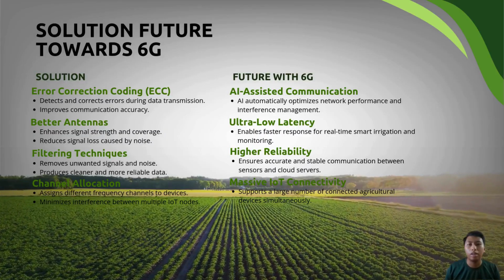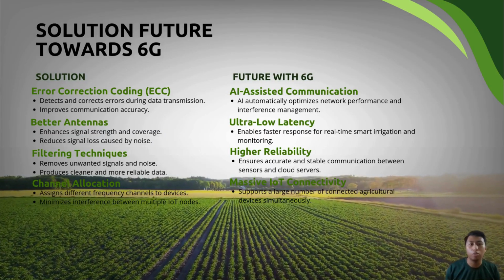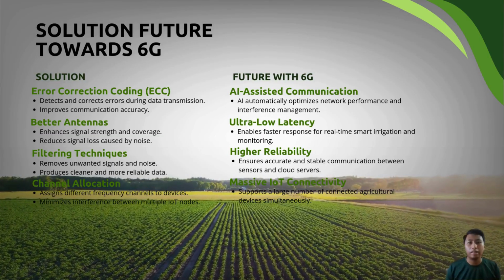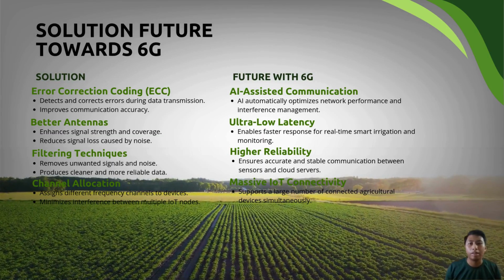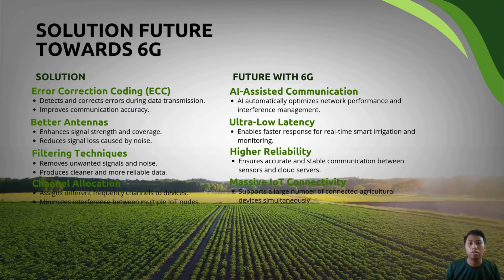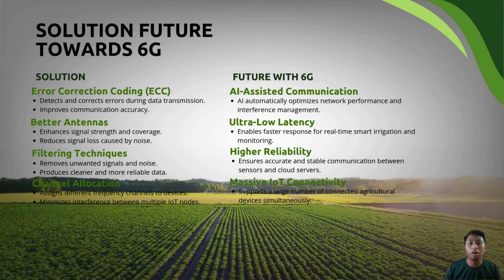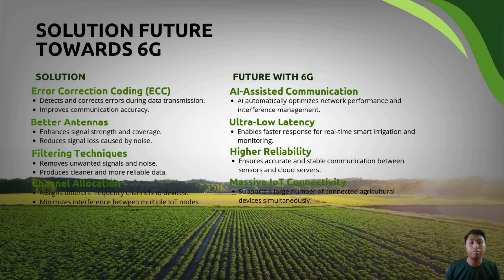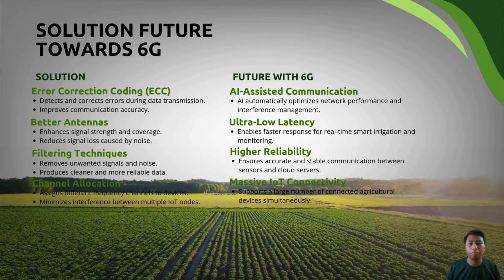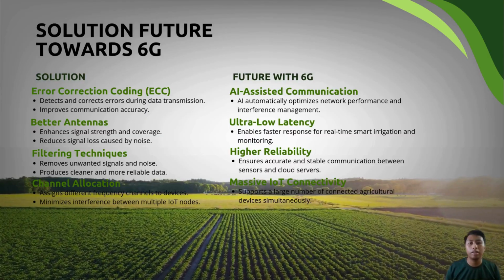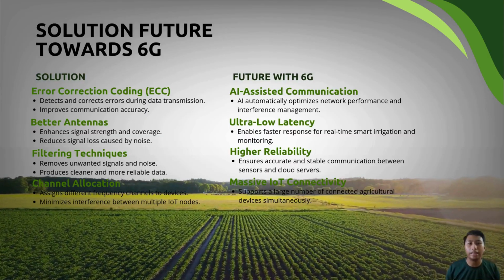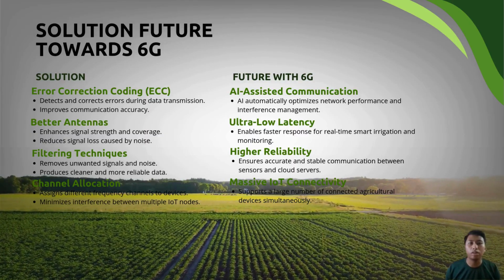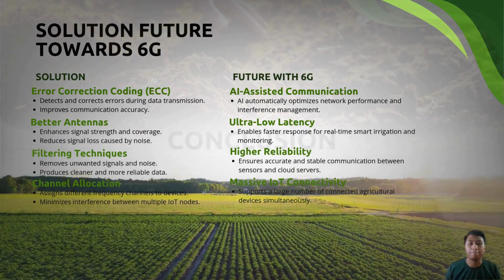Higher reliability will ensure that communications between sensors and the cloud server remain stable and accurate. Massive IoT connectivity will also allow a very large number of agricultural devices to connect at the same time without affecting performance. Finally, better interference management in 6G will reduce signal conflict and improve overall network efficiency.